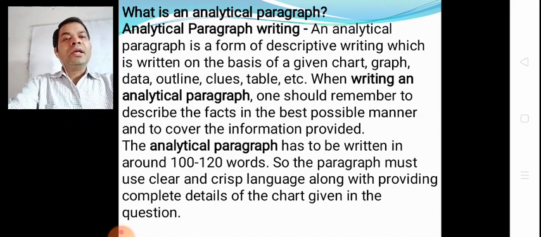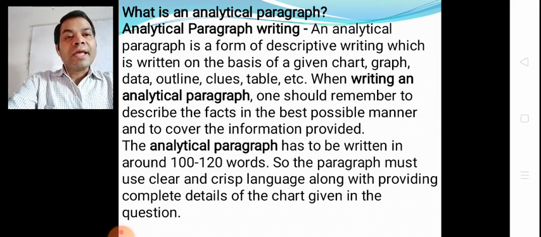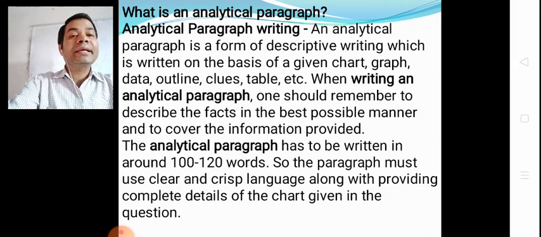What is an analytical paragraph? An analytical paragraph is a form of descriptive writing which is written on the basis of a given chart, graph, data, outline, clues, table, etc. When writing an analytical paragraph, one should remember to describe the facts in the best possible manner and to cover the information provided.